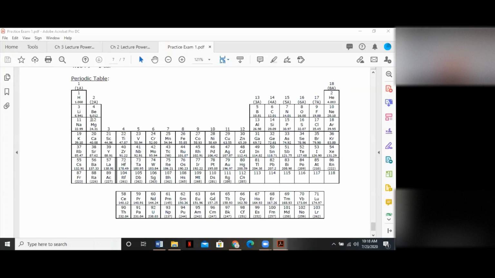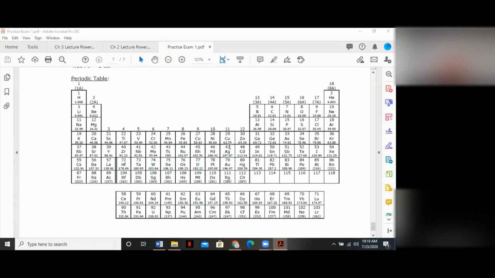Is it 9? No. When you subtract the atomic number from the atomic mass, that outcome is the number of neutrons. So 9 minus 4, which is 5, that's the number of neutrons in beryllium. 65 minus 30, 35, that's the number of neutrons in zinc. 108 minus 47, again, that's the number of neutrons in silver.